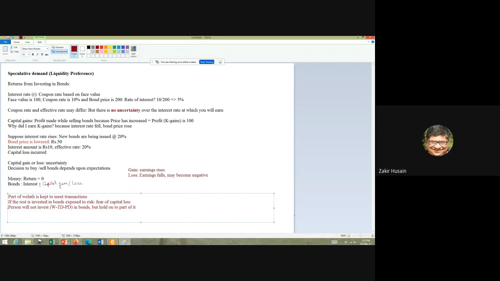So we generally don't invest the entire 600 but hold on to part of it. This part that is retained and not invested in bonds is called the liquidity demand.